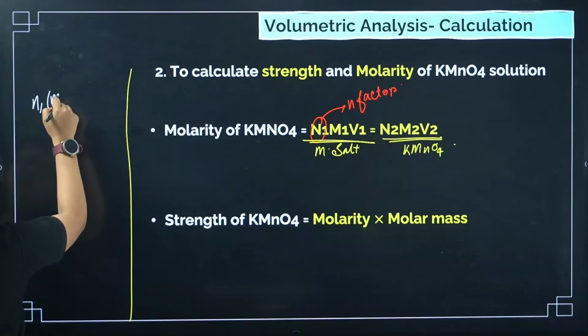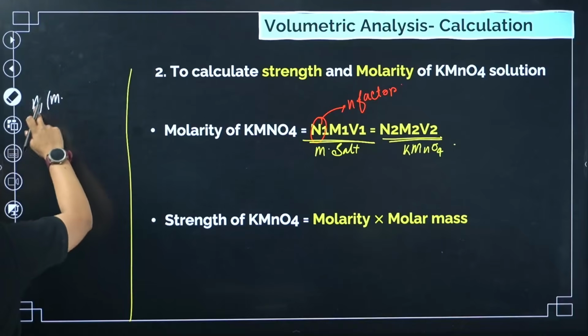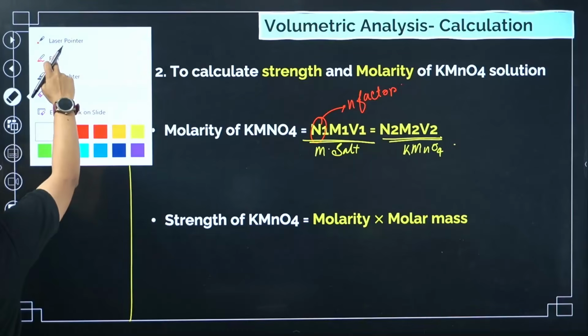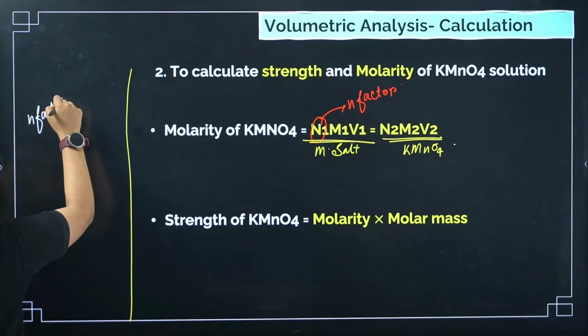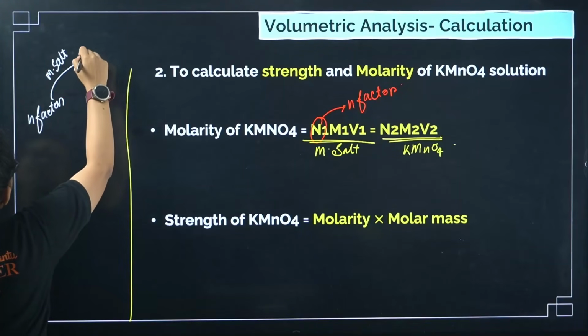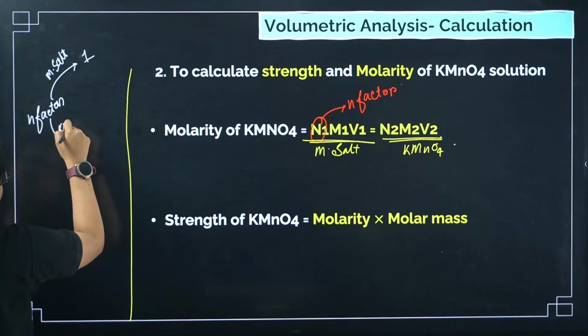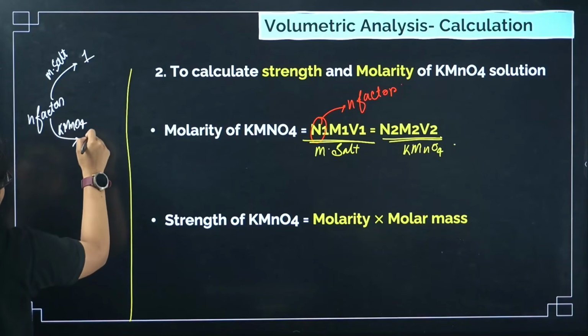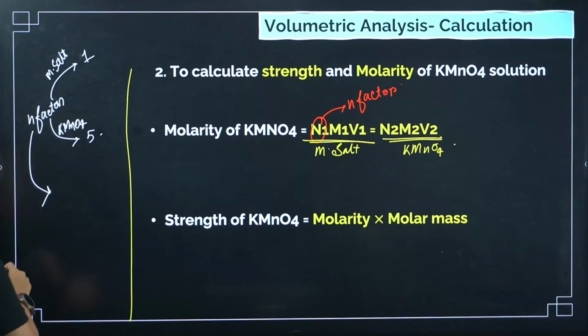Let me write down the N factor so that you can remember it. N factor for Mohr's salt is going to be 1. N factor for KMnO4, just remember it, is basically 5.